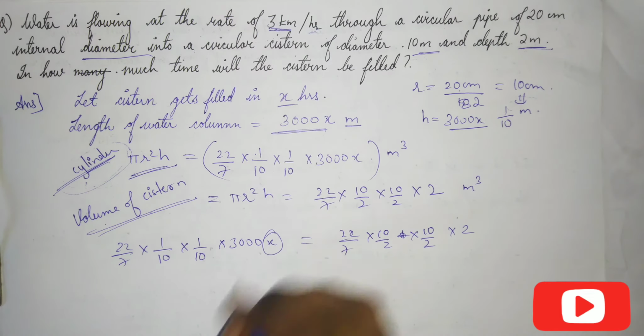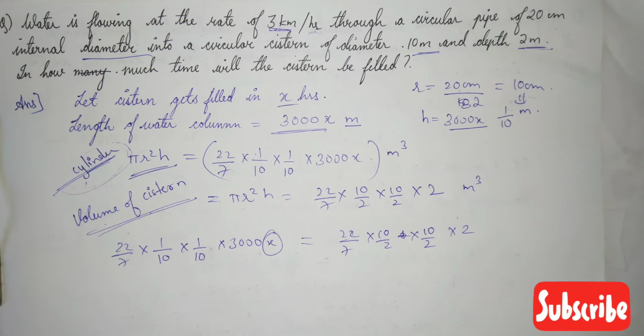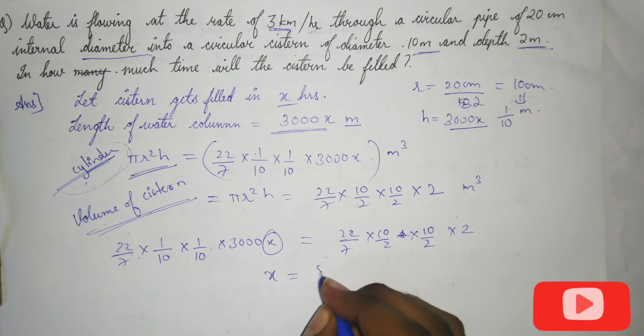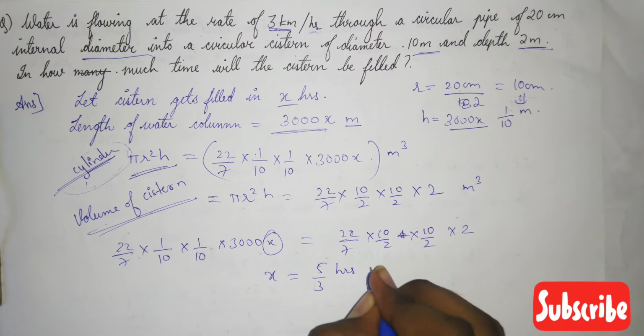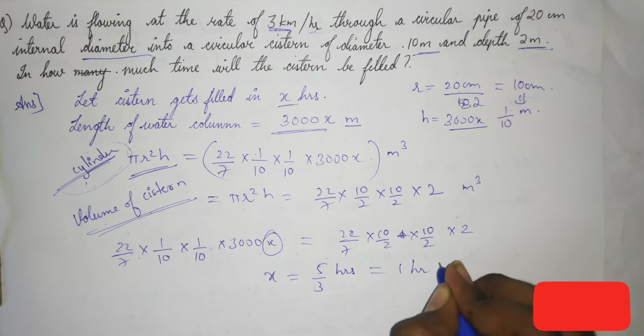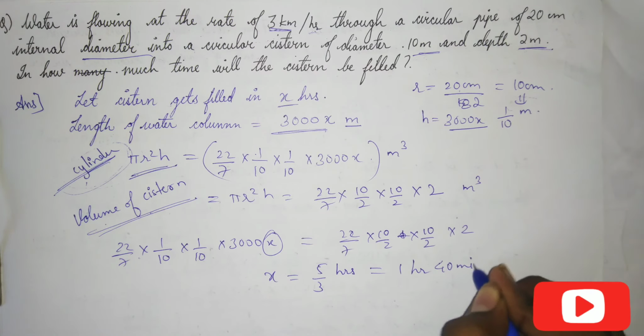From this I have to find x. X is nothing but the time taken, correct? You shift all that to one side, so you will get the answer as 5 by 3 hours, or I can say it's basically 1 hour 40 minutes.